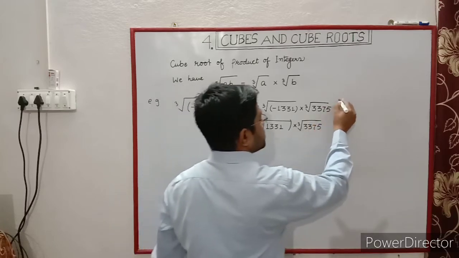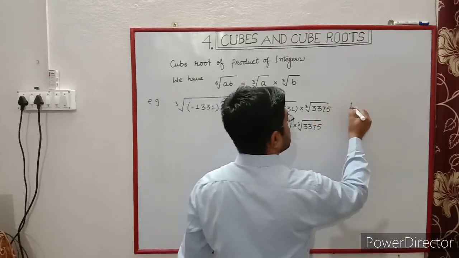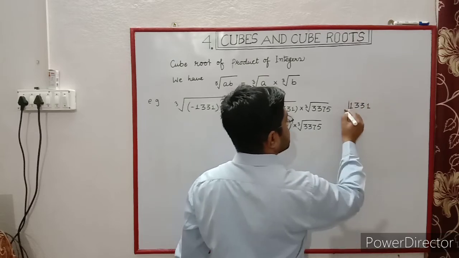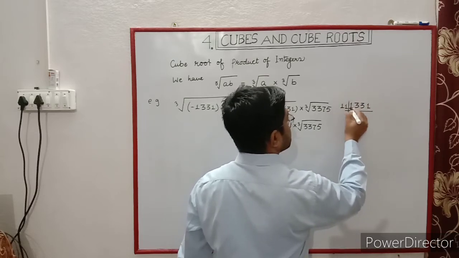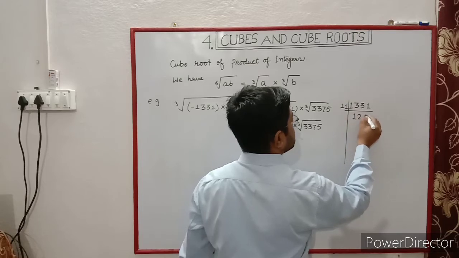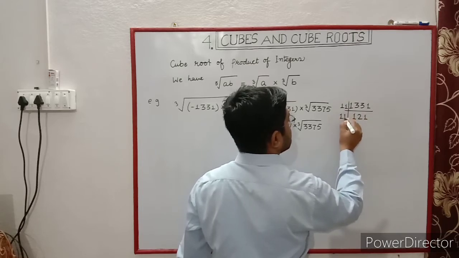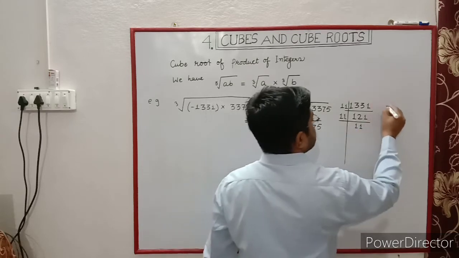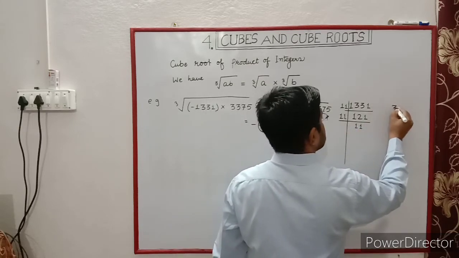Now prime factorization of 1331 divided by 11, 121. Again divide by 11, 11.